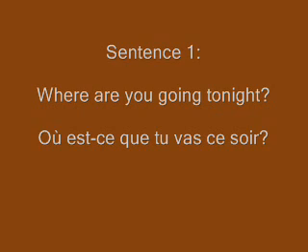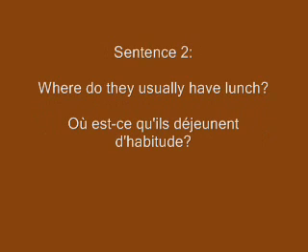Now, the sentence number 2 was, where do they usually have lunch? Using the expression est-ce que, it will be, où est-ce qu'ils déjeunent d'habitude? I'm not saying où est-ce que ils déjeunent d'habitude. I make the liaison between où est-ce que and ils, because ils starts with a vowel and que ends with a vowel, so combining both it will be qu'ils.